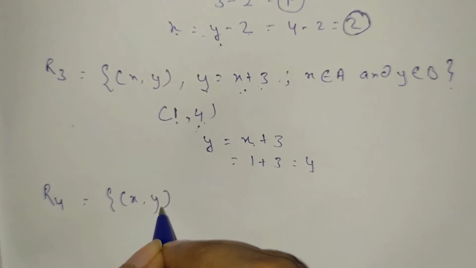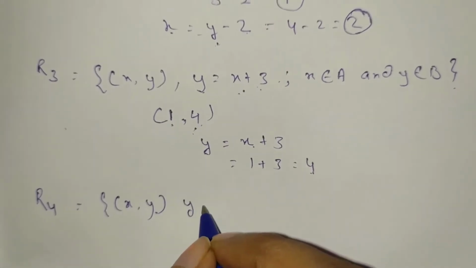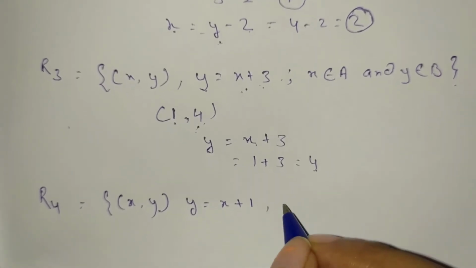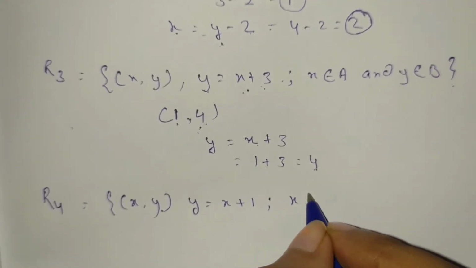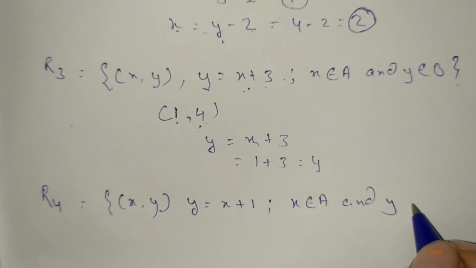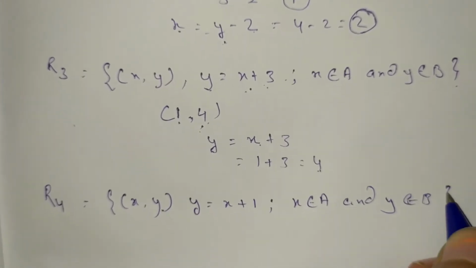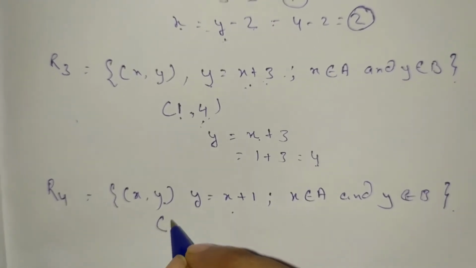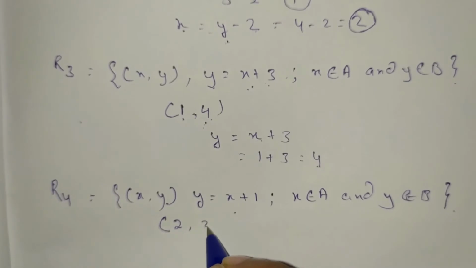again we have two values x, y, where y is equal to x plus 1, where x must belong to set A and y must belong to set B. And according to this, we can draw the product, that is 2 and 3.